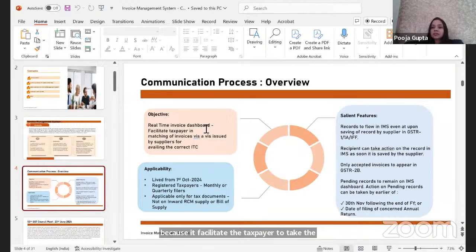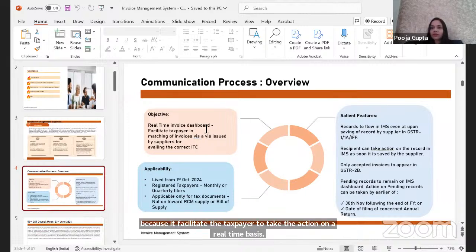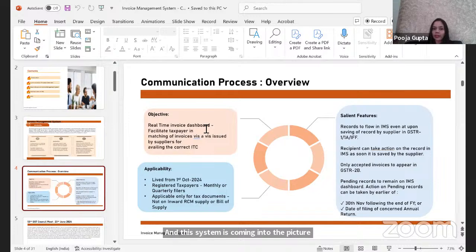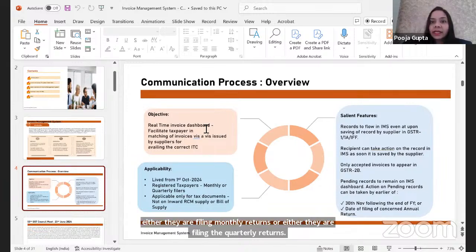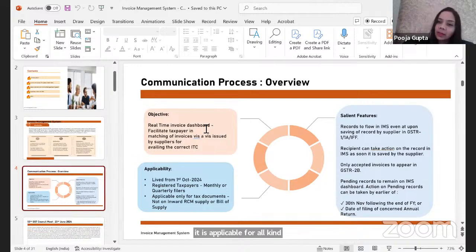The system came into the picture from 1st of October 2024. It is for all kinds of taxpayers, whether filing monthly or quarterly returns. It is applicable for all tax-paying documents except a few, like RCM invoices, bill of supply and bill of entry, which we will discuss separately in separate slides.